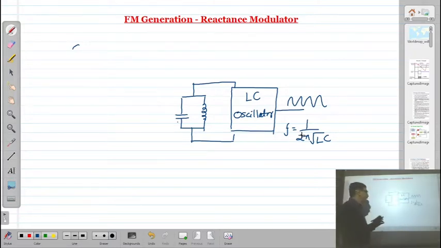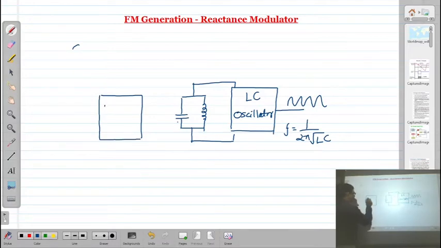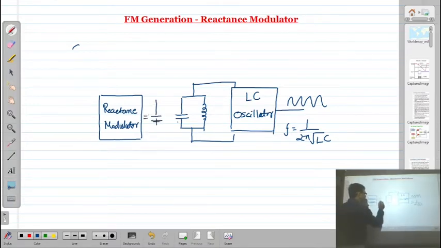So here we can have a reactance modulator. This reactance modulator will work as a capacitor.